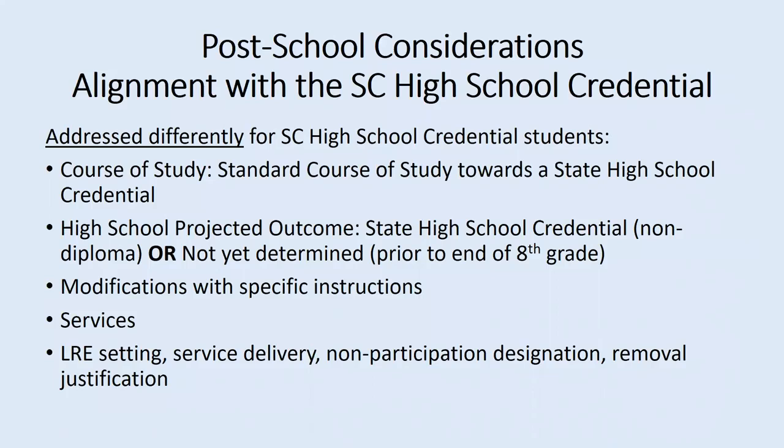So it's not going to change that part of the services. It will just be you're identifying the fact that these are the types of materials that you're going to be using to address those skills in the areas where the student has displayed a need. And you would put that in the services section text box.